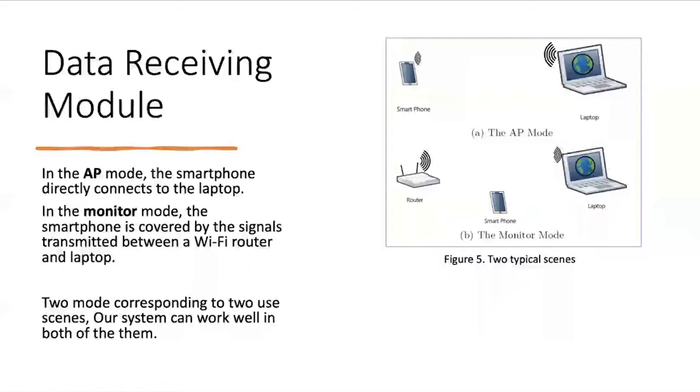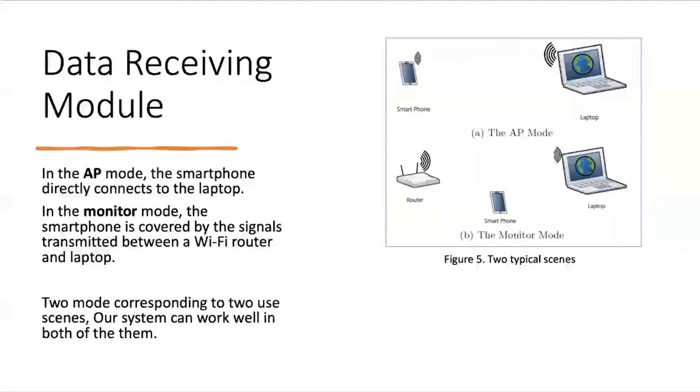And there is also another case, where the smartphone is not connected with any devices, but the environment has a Wi-Fi connection. For example, the router is connected to the laptop.